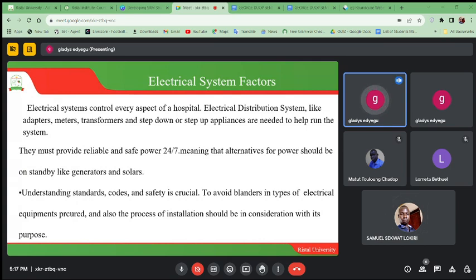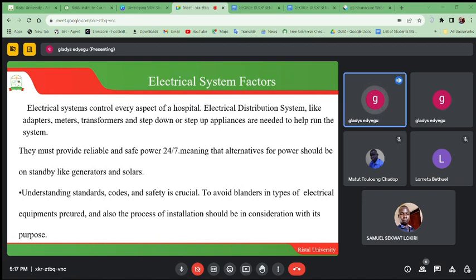So we need to look at these electrical factors as something which is very key, because we need power to help us provide services in the hospital 24/7, and we have patients 24/7. Every time people fall sick and every time people need our services, and most of the things that we need to provide the services are run by electricity.